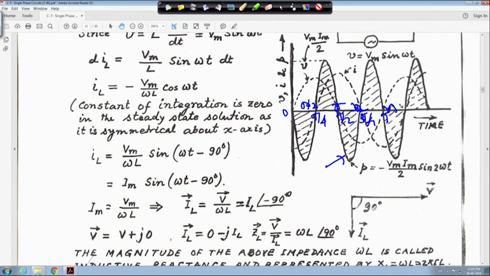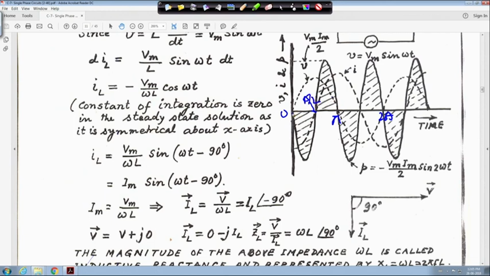If you look at the current or voltage, it is completing a half cycle between 0 and pi, right. Suppose this is 0, this is pi, and this is 2 pi, and this point is pi by 2.